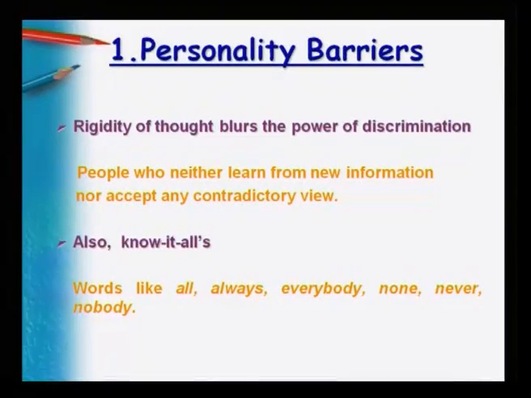They will say that all of them are like that, it is always done that way, everybody cheats, everybody does it that way, none will believe this, none can do this, it is never done, never can be done this way, nobody will be willing to do this. Even these kinds of characteristics, rigidity and the know-it-all type, also act as barriers to communication.